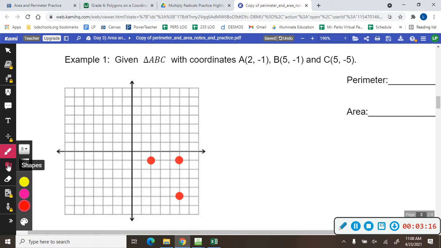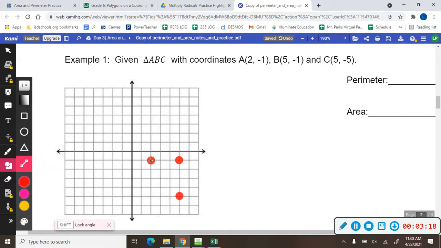Now notice this does make a triangle. If I connect A to B and B to C and then C to A, I get a triangle. Okay? Now, it's easy to count horizontal, it's easy to count vertical, it's not as easy to count diagonal. Anytime you need to count diagonal, you use the distance formula or Pythagorean theorem.